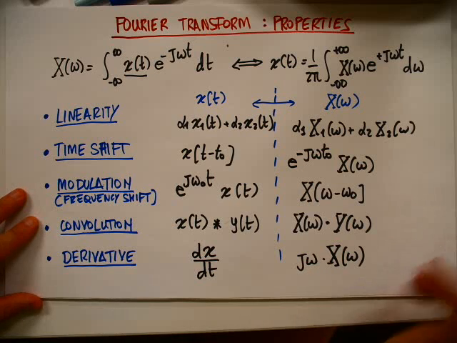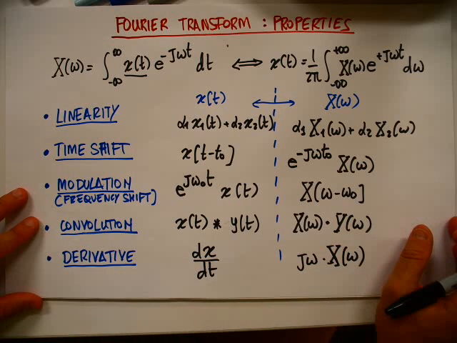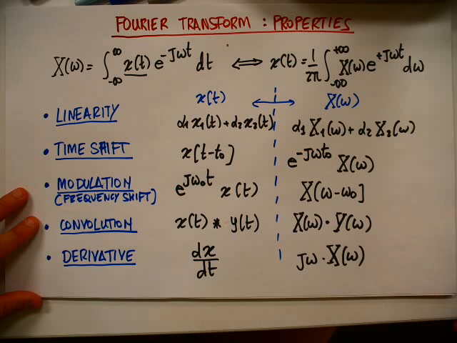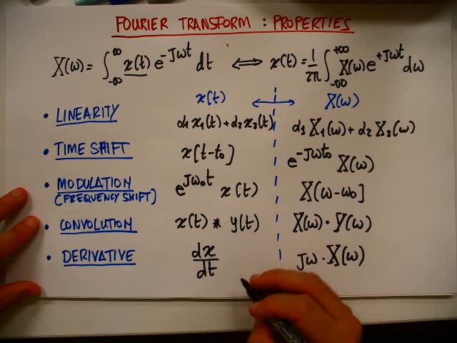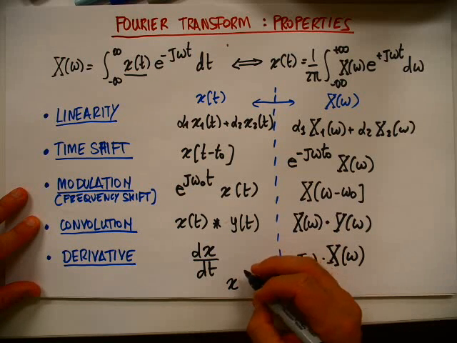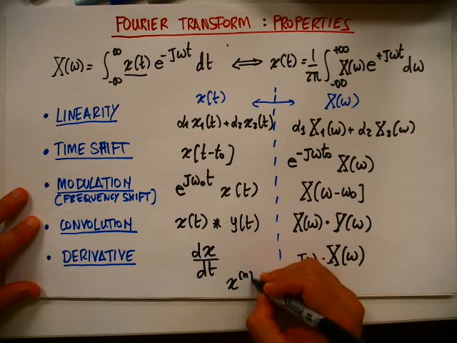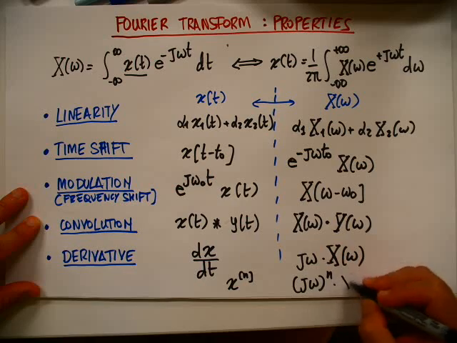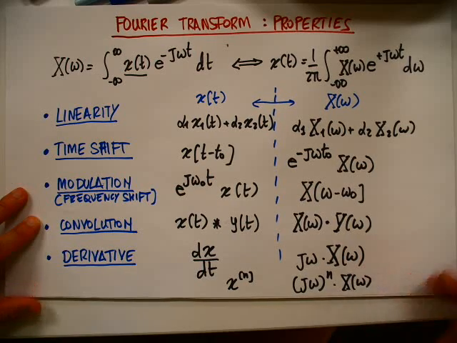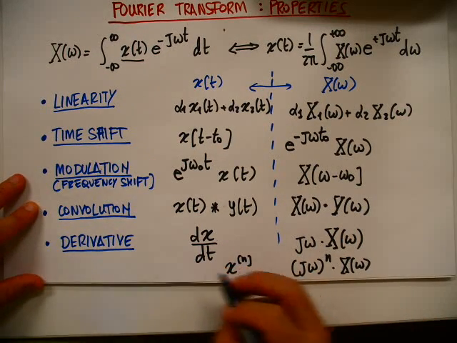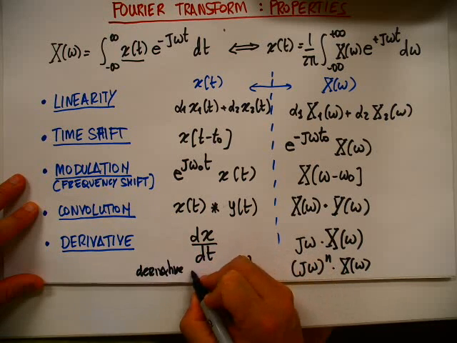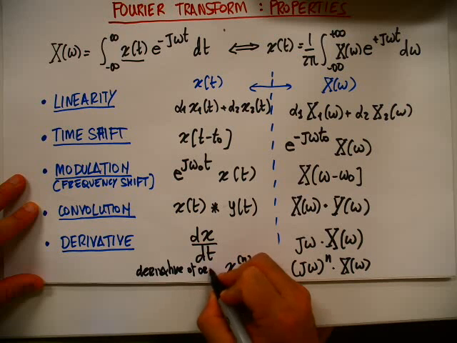And of course, from this property, you can generalize it to the derivative of any order, which then becomes the Fourier transform of the n-th derivative, j omega to the power n times X of omega. So the derivative of order n.